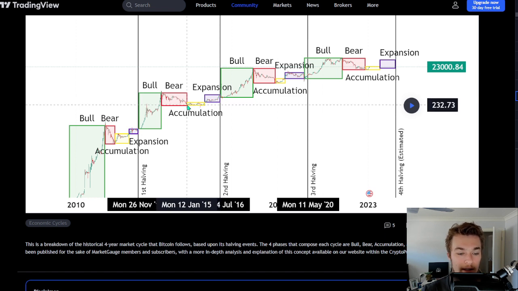It lasted almost the entire year, up till October, so what's that, 10 months of just sitting and holding and the price just going up and going down, and your portfolio not really growing. And that's where a lot of the dumb money is going to get shaken out of the market, or price could dump, and the whole 4-year cycle could fail. We really don't know. So it's important that you're not just following the 4-year cycle.